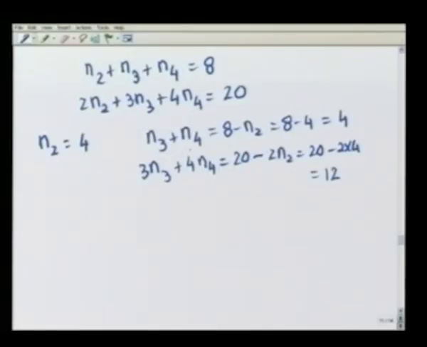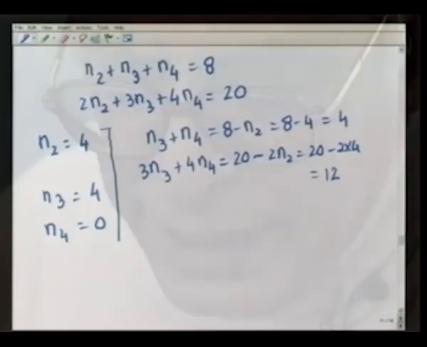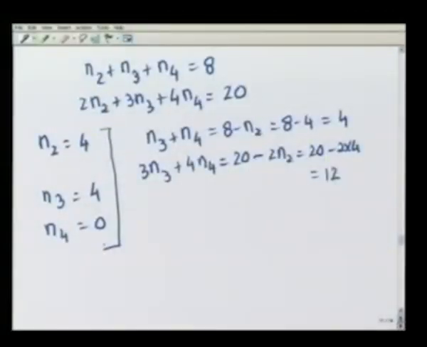Now, we have these 2 equations to solve for n3 and n4, and the obvious solution is n3 equal to 4 and n4 equal to 0. That means we can get an 8-link mechanism consisting of 4 binary links and 4 ternary links. There is no necessity that we must have a quaternary link.